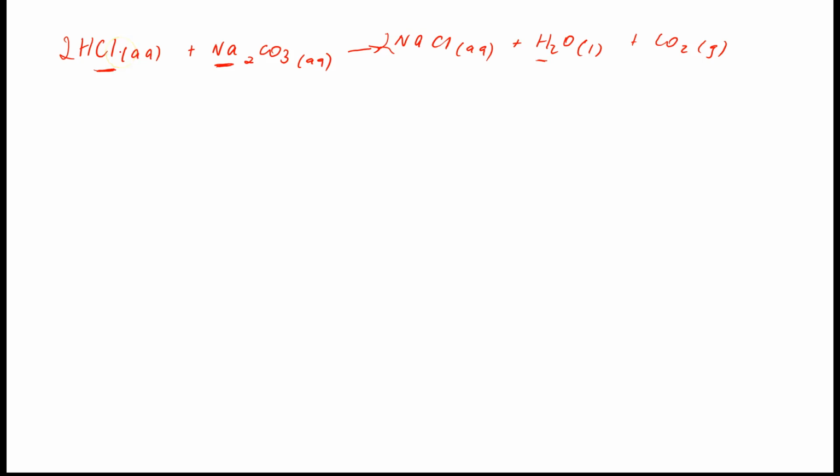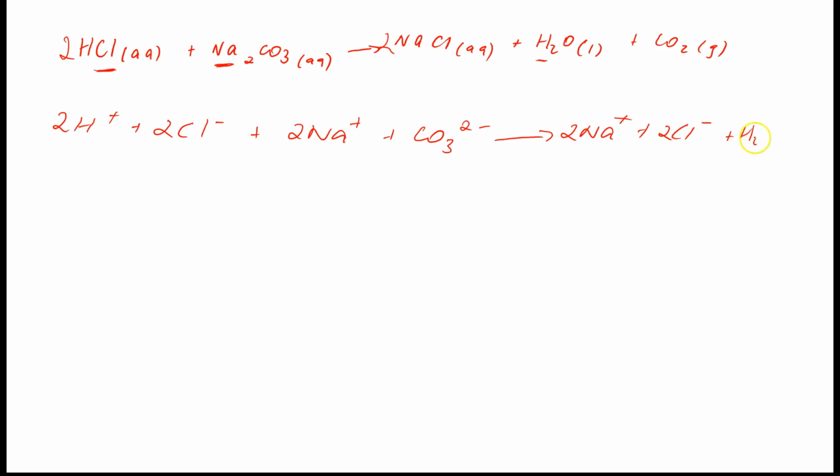HCl is soluble in solution, so we're going to have 2H plus, 2Cl minus, plus 2Na plus and CO3 2 minus. It produces NaCl, which is soluble, so it will form its ions, 2Na plus and 2Cl minus. And we produce H2O liquid, which stays in that form, and CO2 gas.